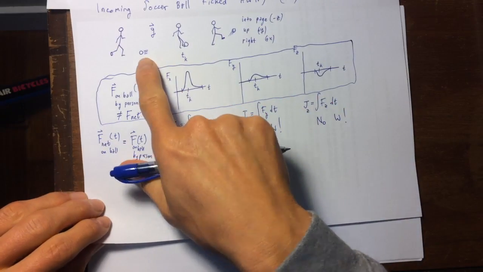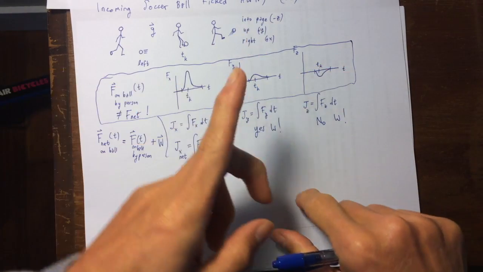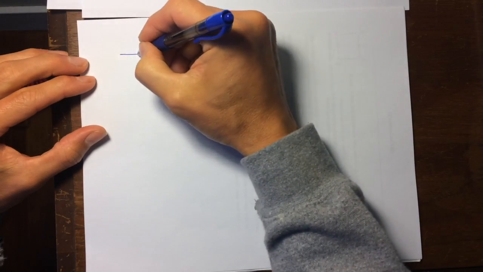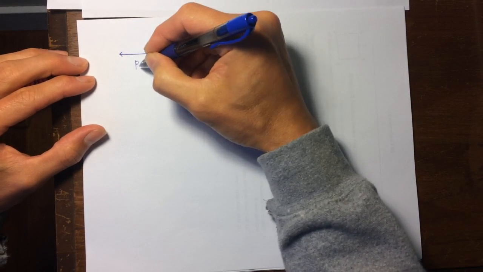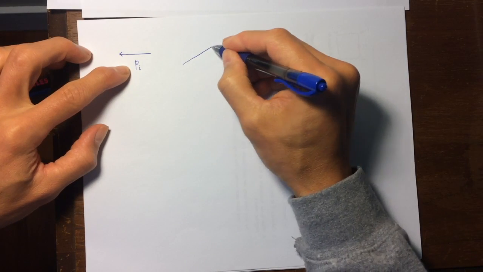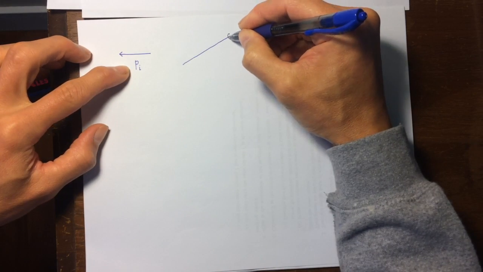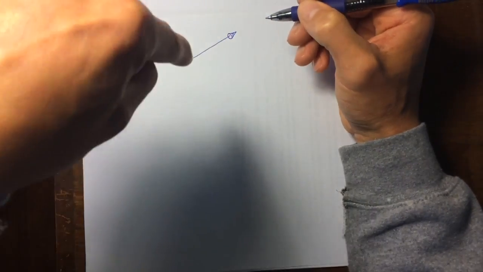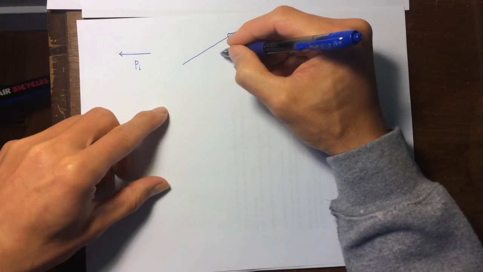Incoming ball's to the left. Outgoing ball is towards the right, up and in. Incoming momentum is towards the left. The outgoing momentum is towards the right, a little bit upwards, but also a little bit in.